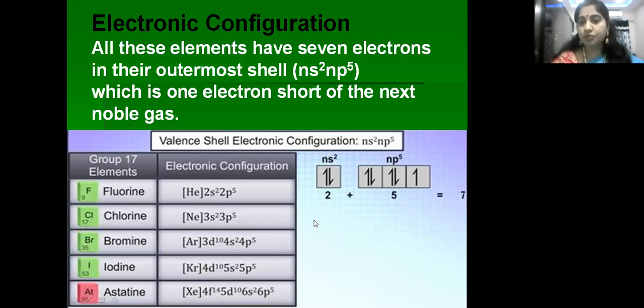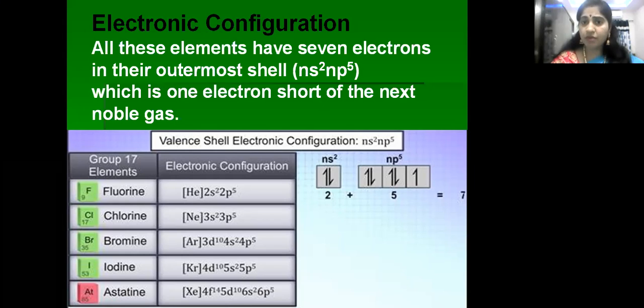Next, coming to see here, the general electronic configuration, ns2 np5. In ns, how many electrons are present? 2 electrons are present. In np, how many electrons? 5 electrons are present. So if it gains 1 electron, it will get noble gas configuration. It is short of only 1 electron.